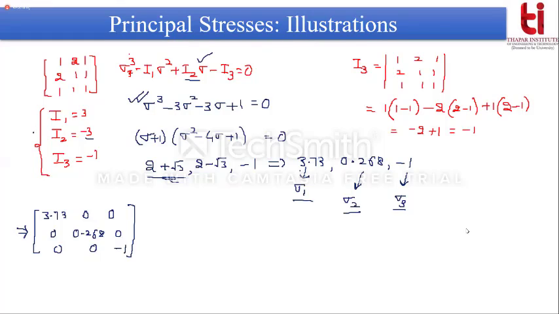So we have already computed I1, I2, I3 corresponding to the given state of stress, that is 1 2 1, 2 1 1 and 1 1 1. Now can we also calculate I1, I2, I3 corresponding to this state? So I1 will be equal to 3.73 plus 0.268 minus 1.